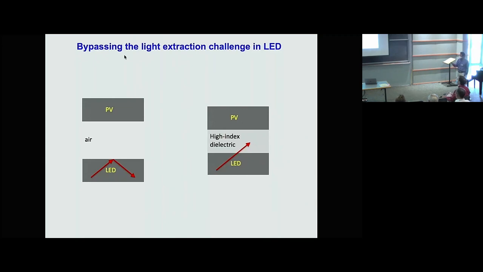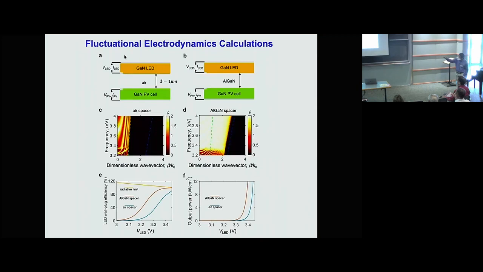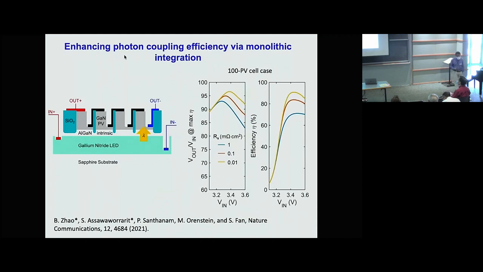So as a result, you can look at this probably familiar diagram of the transmission coefficient as a function of frequency and wave vector, and see that if you put a spacer layer between the LED and PV cell, you significantly broaden the phase space range where you have high transmission coefficient. And this is the kind of configuration that can be monolithically integrated.